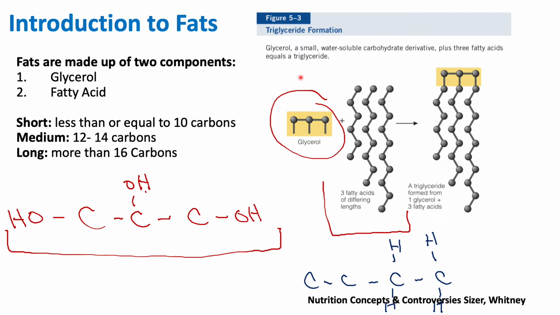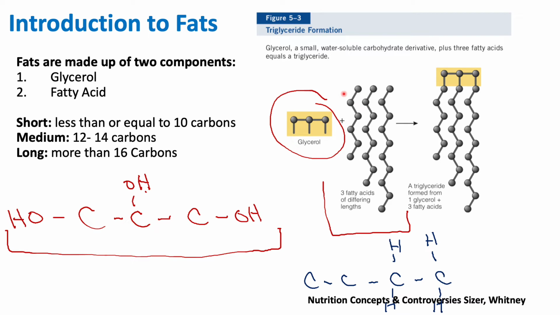And combining these two, we get a fat molecule, which we also call a triglyceride. It is a triglyceride because we have those 3 long fatty acid chains, and we have that glycerol backbone, which becomes the glyceride.